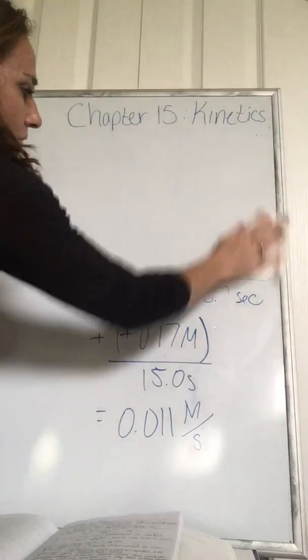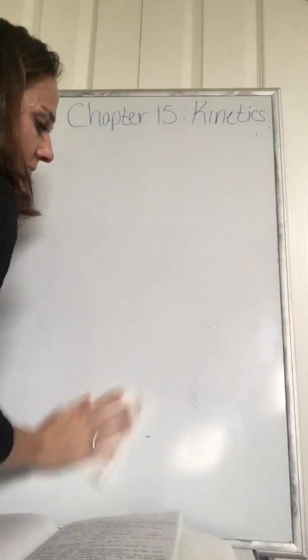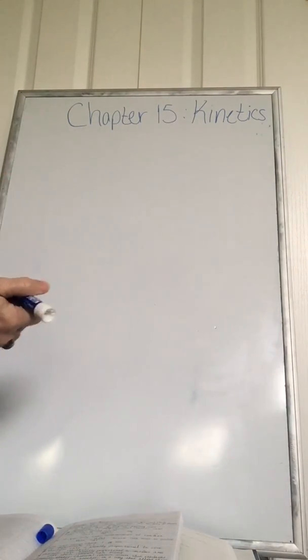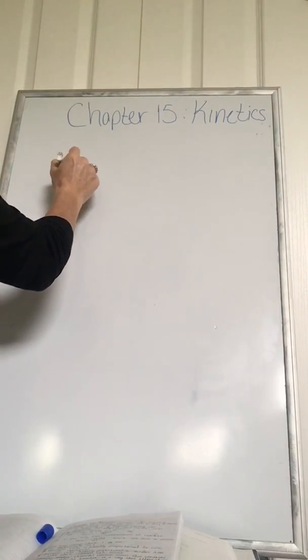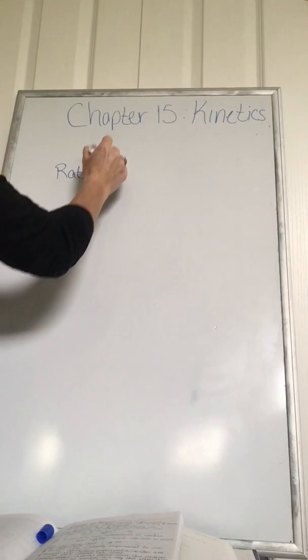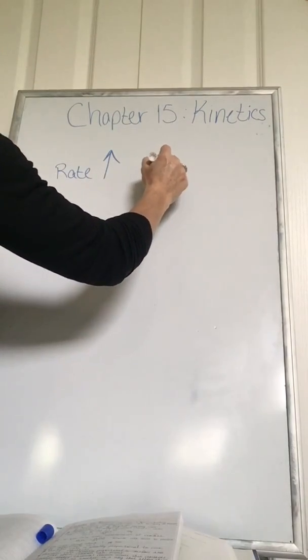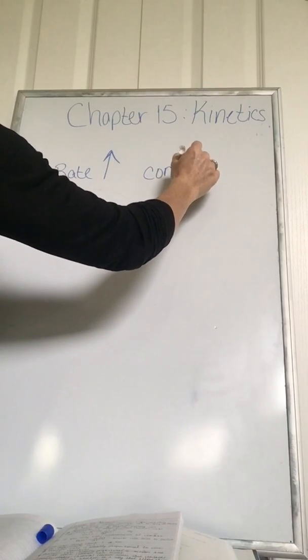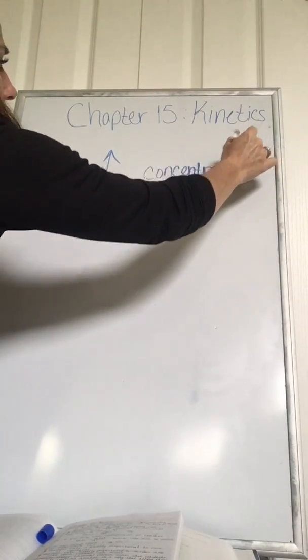So if we look at the rate, what things affect the rate of a reaction? Okay, there are a few things that are proportional to the rate, and it's stuff that we're already aware of. So when we talked about concentration before, okay, the reaction rate is going to increase as the concentration of the reactants increases.